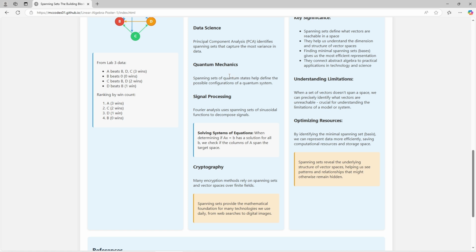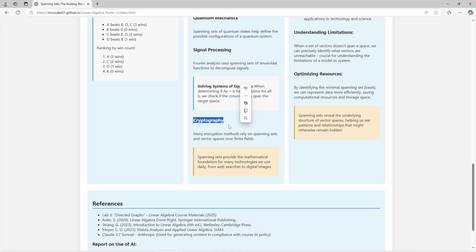Quantum mechanics, that is an industry that is well above my pay grade. Very complex stuff, but they use spanning sets in the quantum state, which is an infinite number of states. So very interesting. Signal processing, I know there are satellite pirates out here doing the same thing, using Fourier analysis to decompose signals, finding dead satellites.